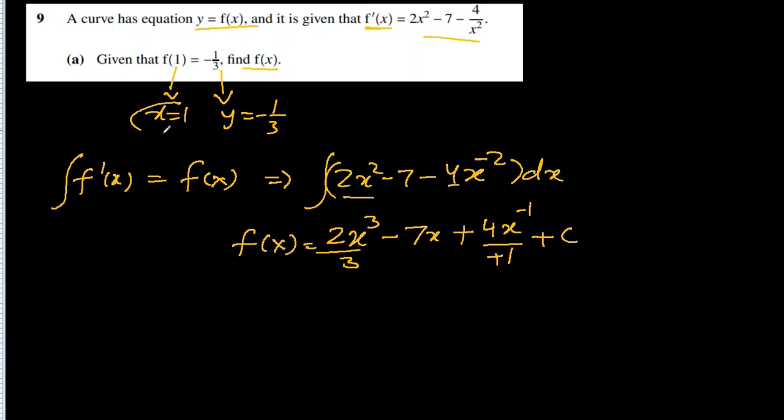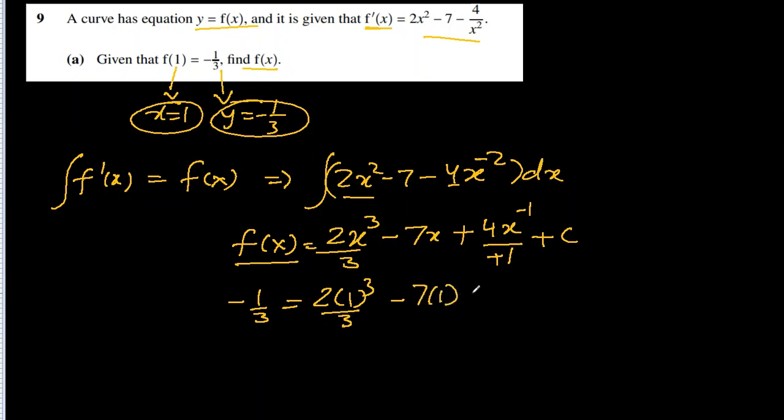Now, since they have given this fact, f(1) is minus 1/3, so we can write f(1) here, which is minus 1/3. And now substitute each x by 1 because x is 1. So 2 times 1 cubed over 3 minus 7 times 1 plus 4 times 1 to the power minus 1, plus C. Let me write this way.